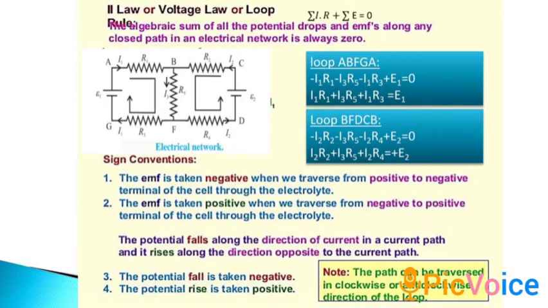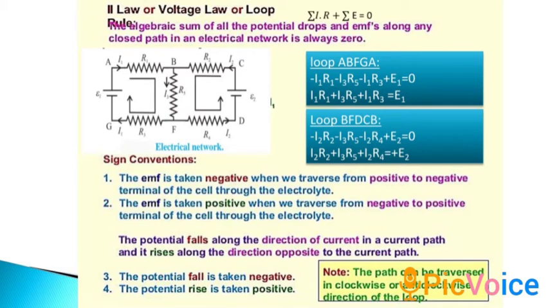Now, I will explain Kirchhoff's second law, that is Kirchhoff's voltage law. In a closed loop of an electrical network, the algebraic sum of potential differences for all the components plus the algebraic sum of all the EMFs is always equal to 0.